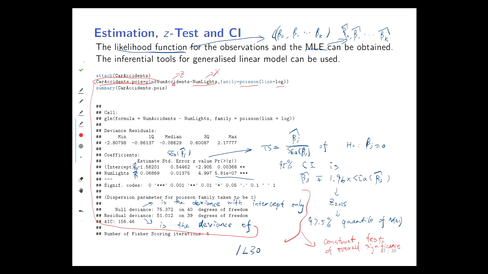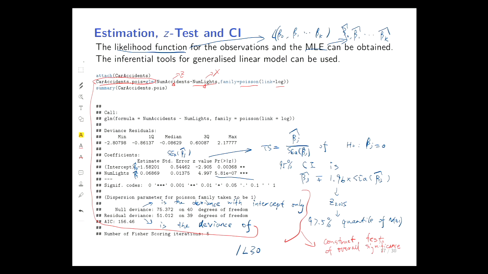When we use R to fit the model, we still use the glm function, and we put in the response variable and the explanatory variable. Here, the explanatory variable is the number of traffic lights in each county.